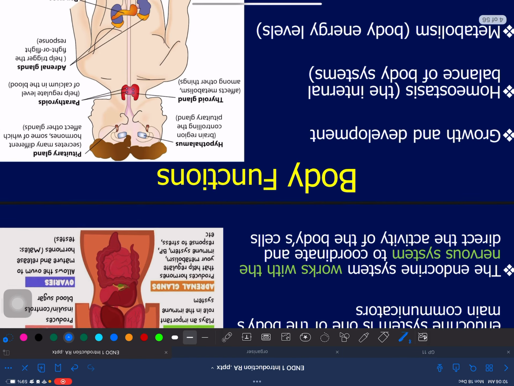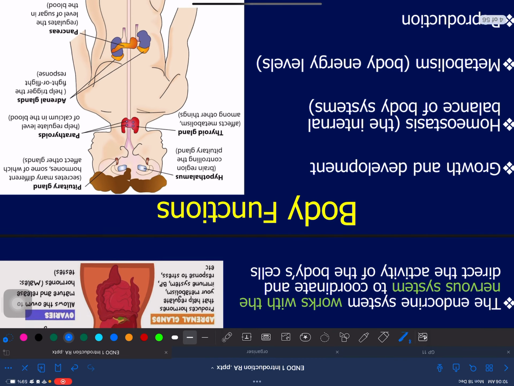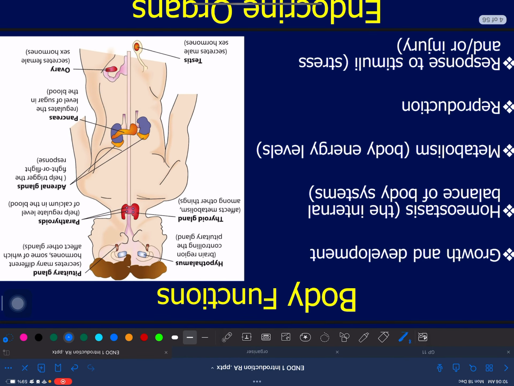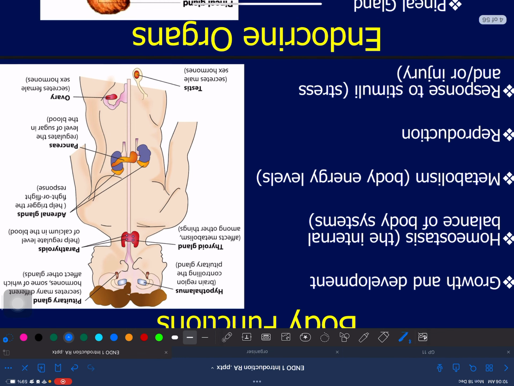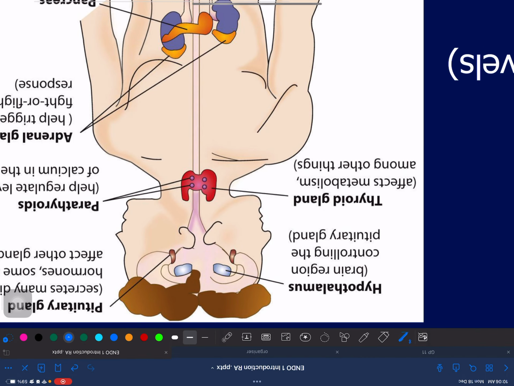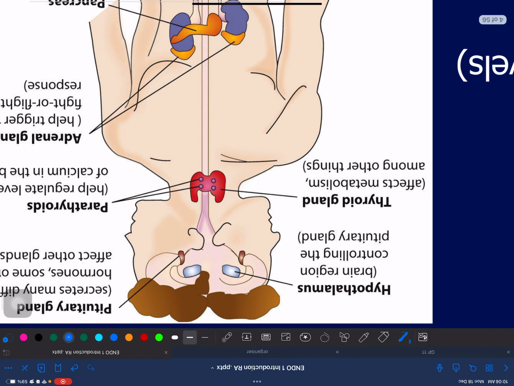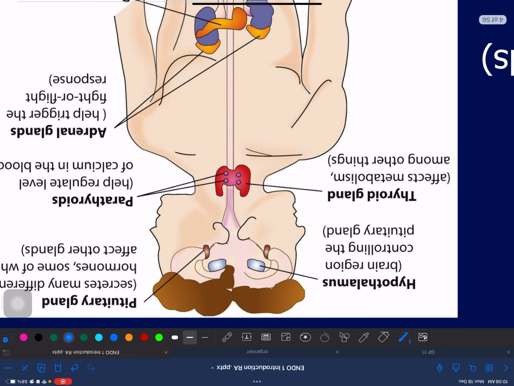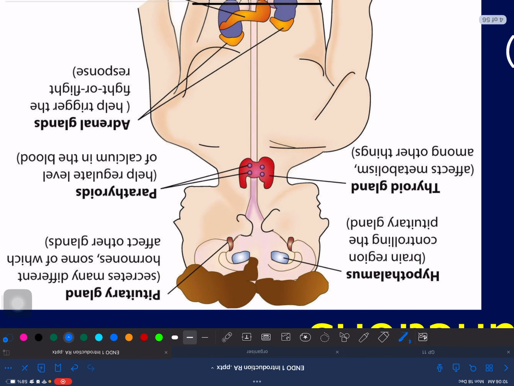These are the general functions of the endocrine hormones. And these are the organs that make up the endocrine system in the body: pineal gland, hypothalamus, pituitary gland, thyroid and parathyroid, thymus, adrenal or suprarenal, the pancreas, and also the gonads for both sexes.